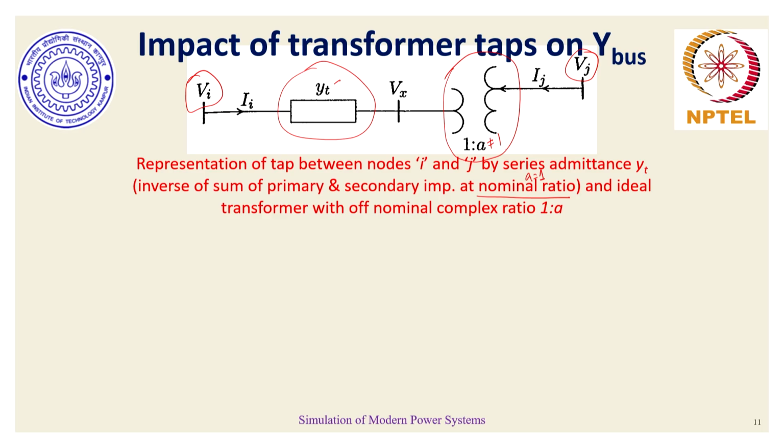Although there is one question that you could think: if A itself can vary under off nominal position different from 1, how come Yt remains constant? Why doesn't it change?